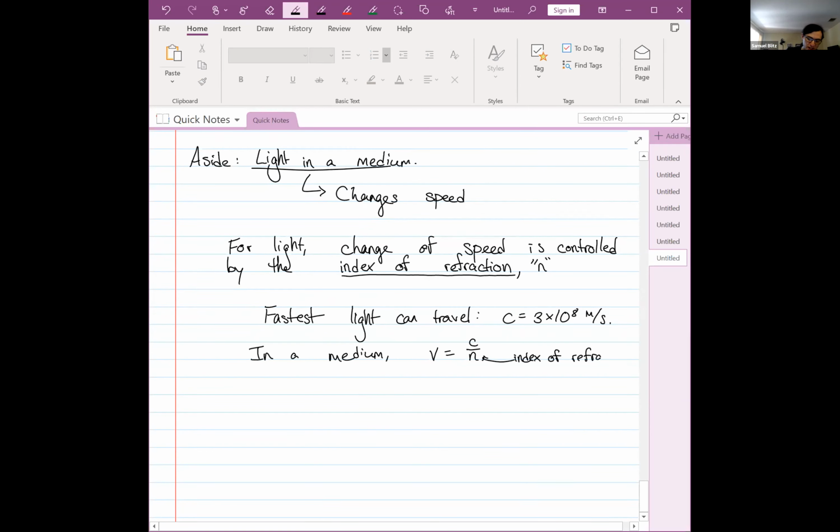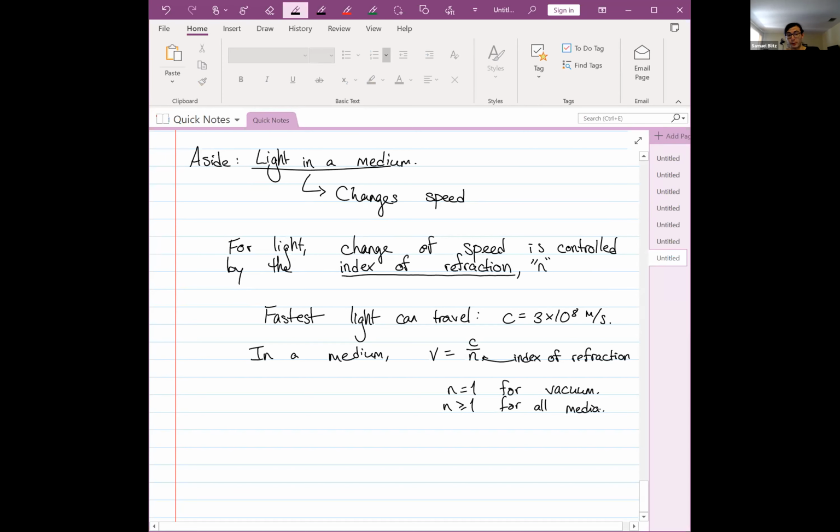So you can see that if the index of refraction is greater than 1, then the speed of light shrinks. In particular, the index of refraction is 1 for a vacuum, and the index of refraction is greater than or equal to 1 for all media. Media being the plural of medium.